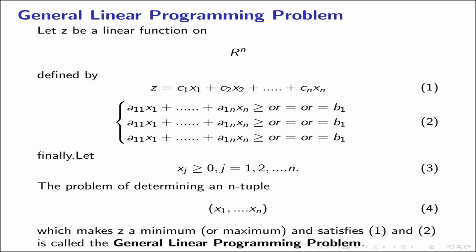The problem of determining an n-tuple x1, x2, ..., xn which makes Z a minimum or maximum and satisfies equations 1 and 2 is called the general linear programming problem.